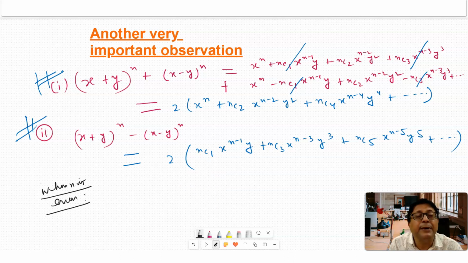When n is even, how many terms do you get? For n equal to 2, there are 3 terms: 1, 2, 3. The second term gets cancelled, leaving the first and third, so there will be 2 terms.